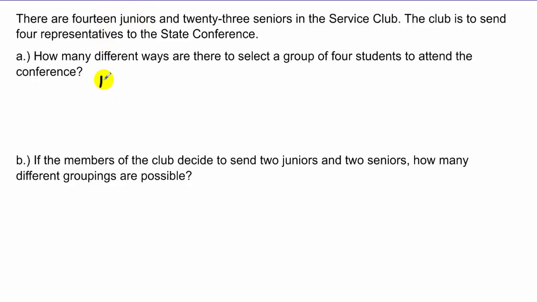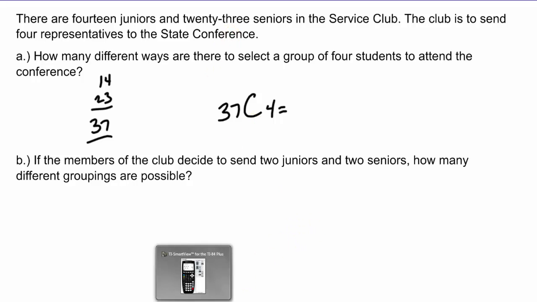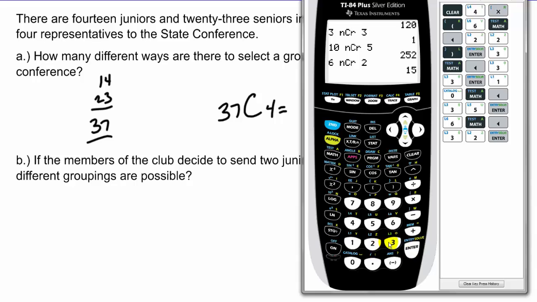We have 14, 23, total of 37. We're going to choose 4. That's totally straightforward. So if I go 37, choose 4, not a problem.